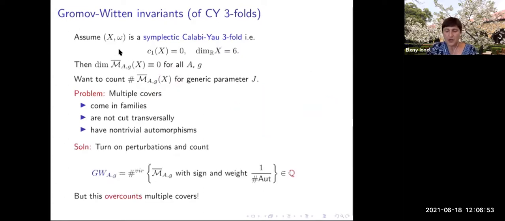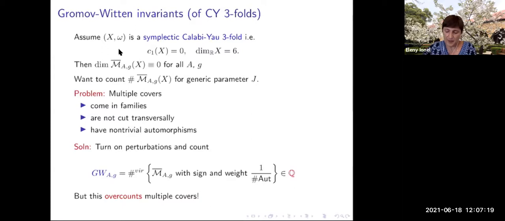So what is the solution? One solution is to turn on perturbation. You perturb the equation, and then you count the number of perturbed solutions. So you get the Gromov-Witten invariants for generic perturbations. You count the number of solutions. You have to count them with sign and with weight, 1 over the automorphism group. They may still have automorphisms, and in particular, you're going to get a rational number.